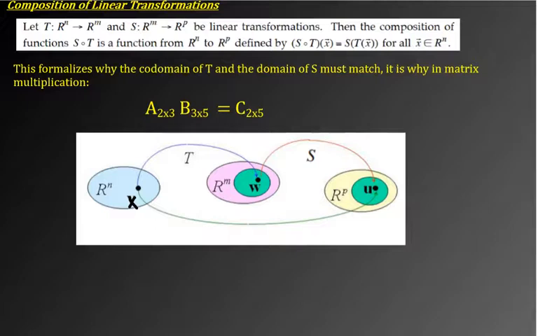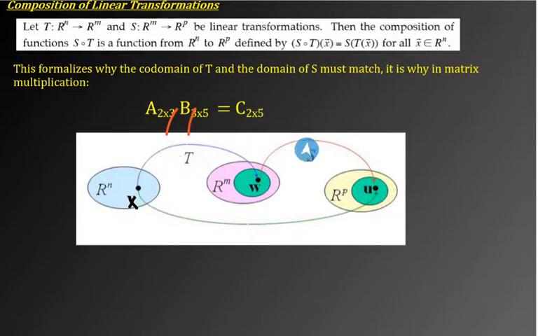And this gives you an idea of why domains and codomains need to align so nicely. So the codomain of T and the domain of S must match. Like when we do matrix multiplication, if this 3 is how it ends, this has to be a 3 in the beginning, and then you're going to get a 2x5 matrix there.